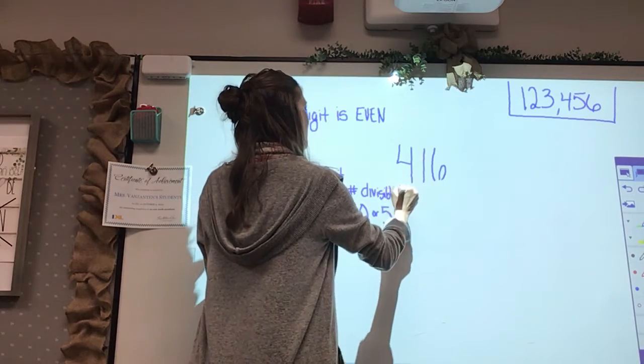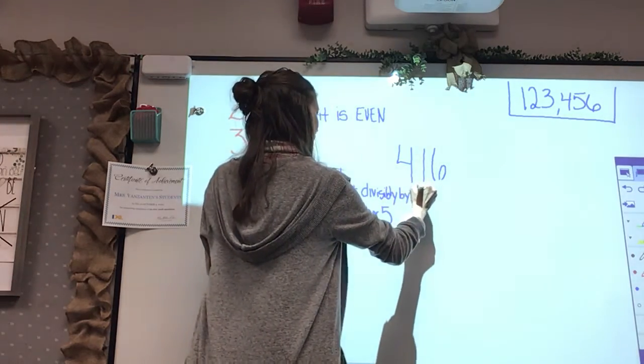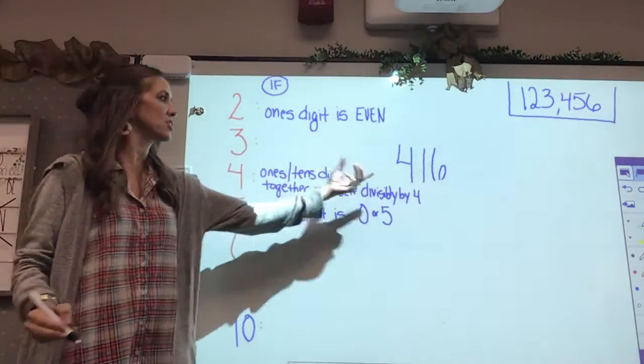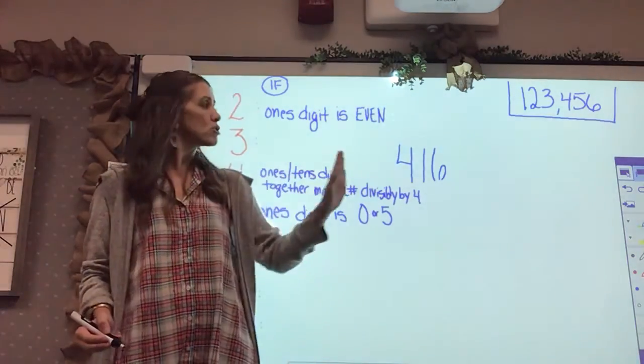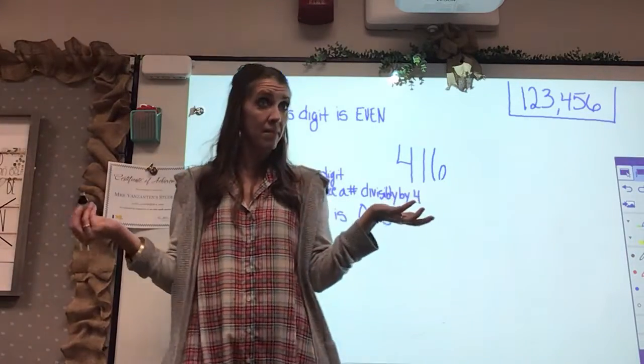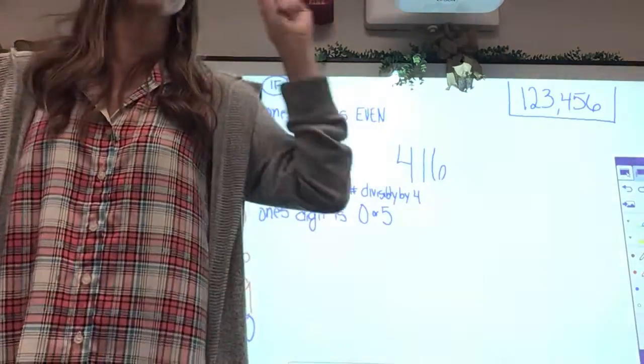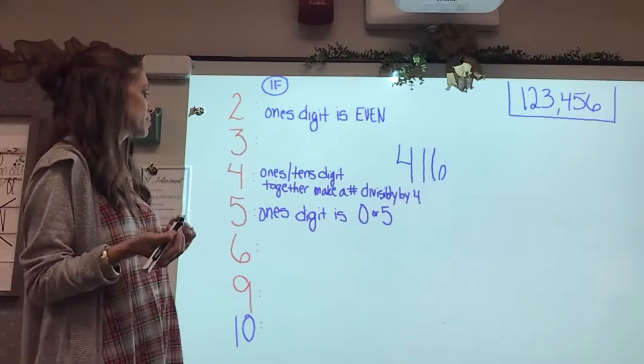Does that make sense? So just look at the last 2 digits, right? If they are divisible by 4, you can say the whole number is divisible by 4.